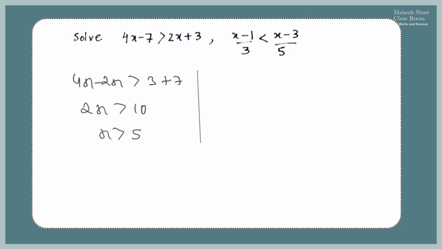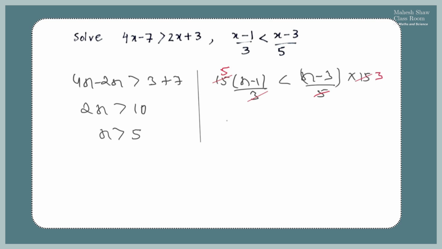Now in the next part, we can multiply both sides with the LCM of this, and that LCM is how much? 15 in this case. So this is 15 multiplied by (x minus 1) over 3 is less than (x minus 3) over 5, multiplied by the LCM, which is 15. So we can reduce this by 5 times. This is 3 one times and 3 five times, and this is 5 one time and 5 three times.